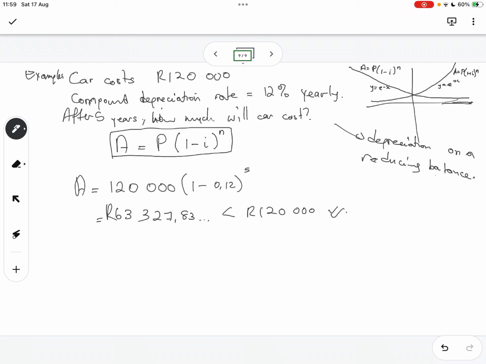But now let's compare. The value of the car if we're looking at compound depreciation is more than the value of the car if we're looking at simple depreciation.